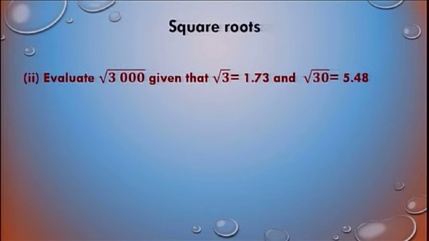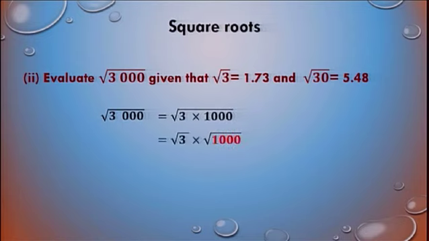Here, you are going to evaluate square root of 3 thousandths, given that square root of 3 is 1.73 and square root of 30 equal to 5.48. Square root of 3 thousandths can be written as 3 times 1000. It is equal to square root of 3 times square root of 1000.